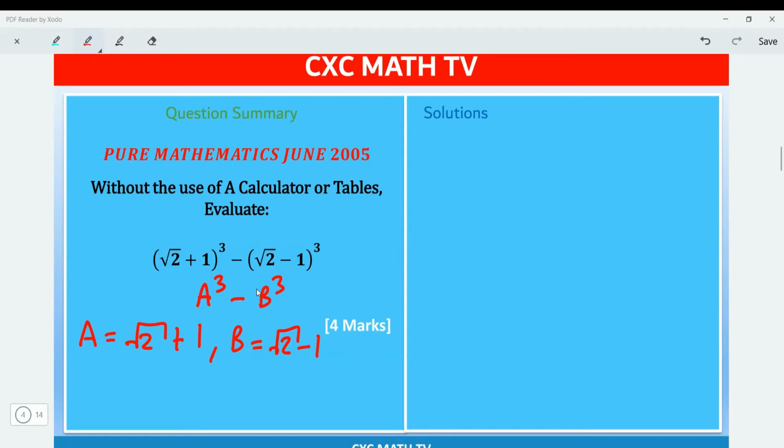Now there's a formula to do questions like this. a cube minus b cube is the difference of nth power. This is equal to (a − b) times (a square plus ab plus b square). That's the difference of nth power formula. So we can use this formula to evaluate the surd.